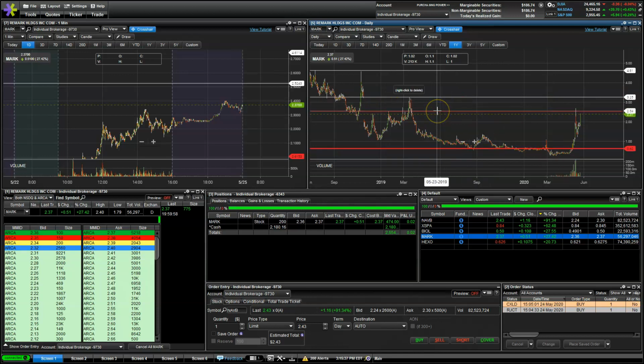So like you can see right here at 2.54, that's a nice little resistance level, and it's slowly approaching it. And then right here at 2.75, that is a beautiful resistance level. It couldn't break 2.75 its last run up earlier in May, and I really want to see it break that.